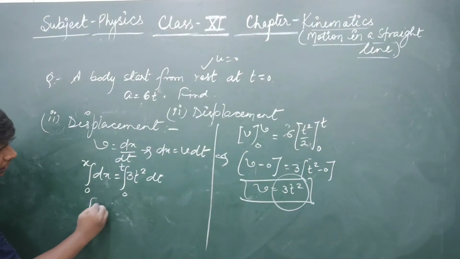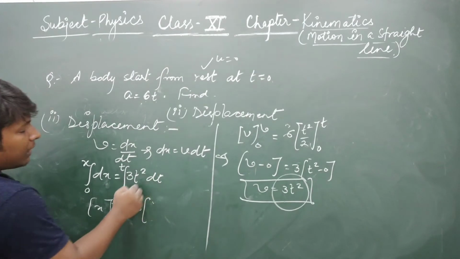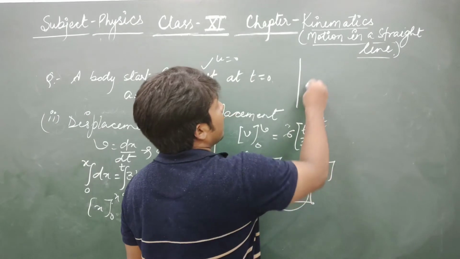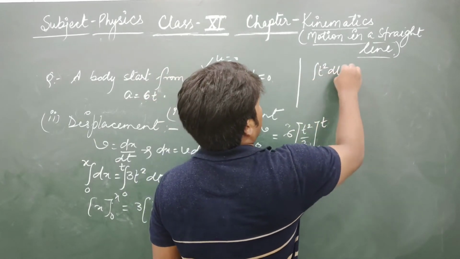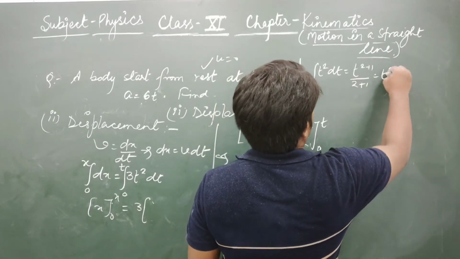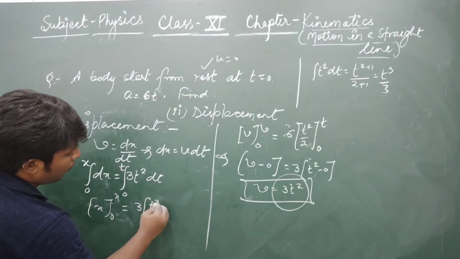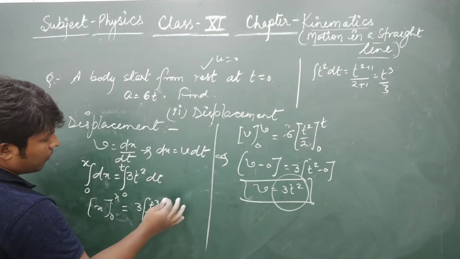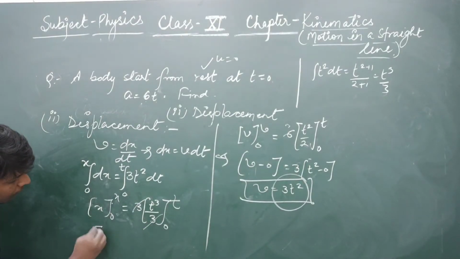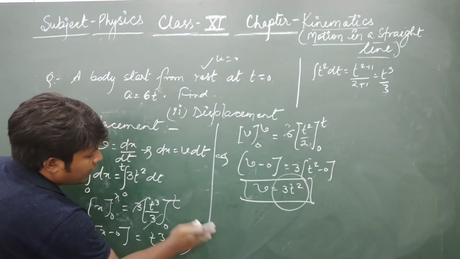So x from 0 to x is equal to 3 times the integration of t square dt, which is t raised to power 2 plus 1 over 2 plus 1, that is t raised to power 3 by 3. So simply put t cube by 3, from 0 to t. So 3 will be cancelled out, and x minus 0 is equal to t cube.